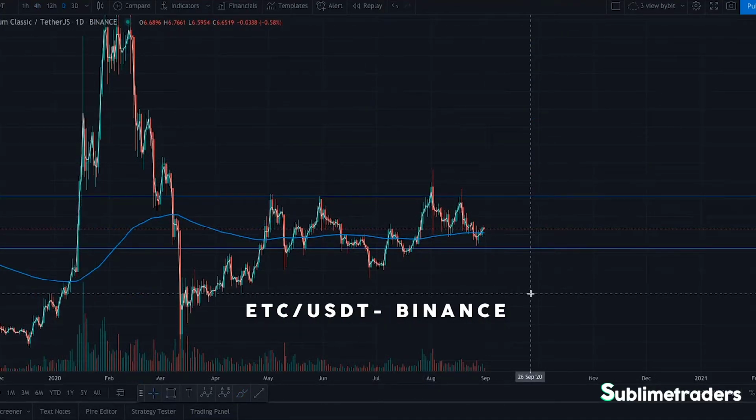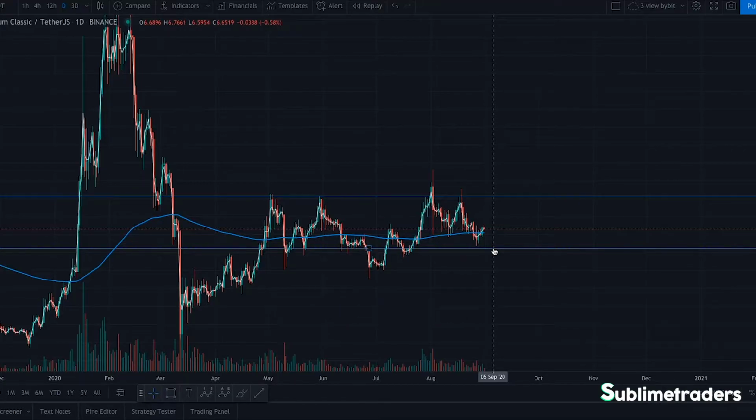Moving on to Ethereum Classic, we can see that we are currently trading in a range, and we have just closed our first daily candle over the EMA 200 in this range in the last 4 days.